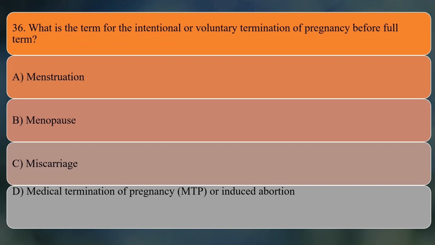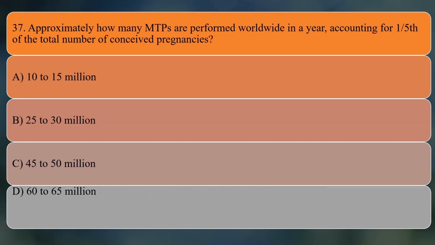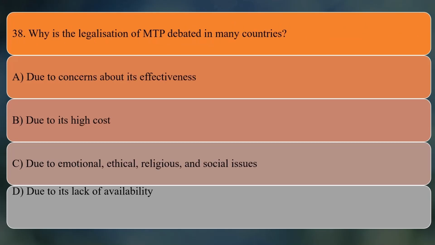What is the term for the intentional or voluntary termination of pregnancy before full term? Approximately how many MTPs are performed worldwide in a year, accounting for 1/5th of the total number of conceived pregnancies?